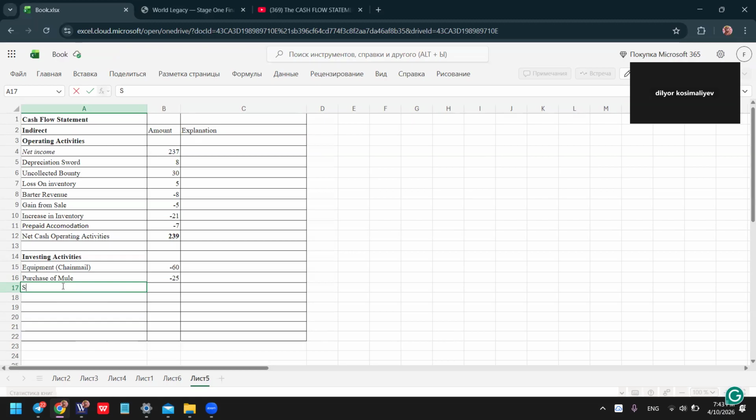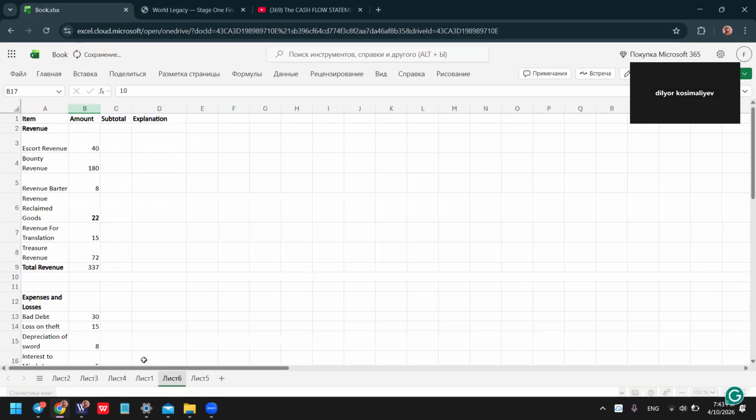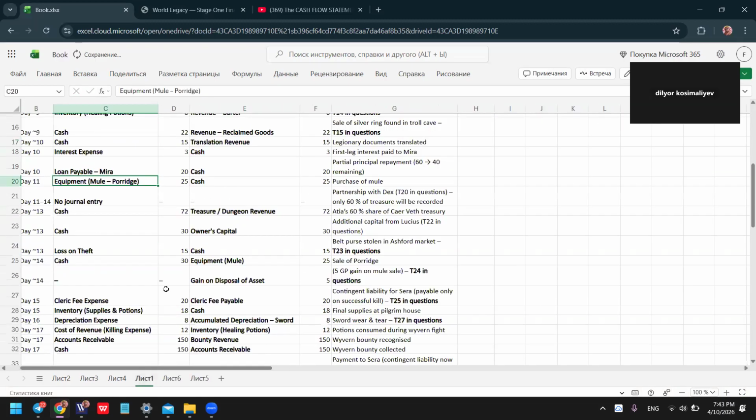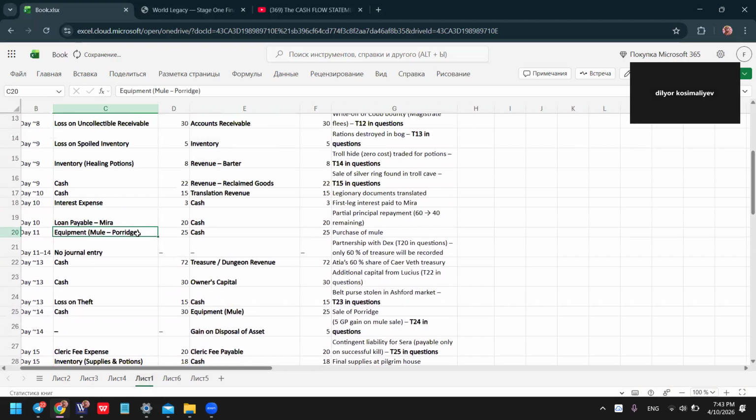So let's calculate. I guess that's it for investing activities. Yeah, that's it.